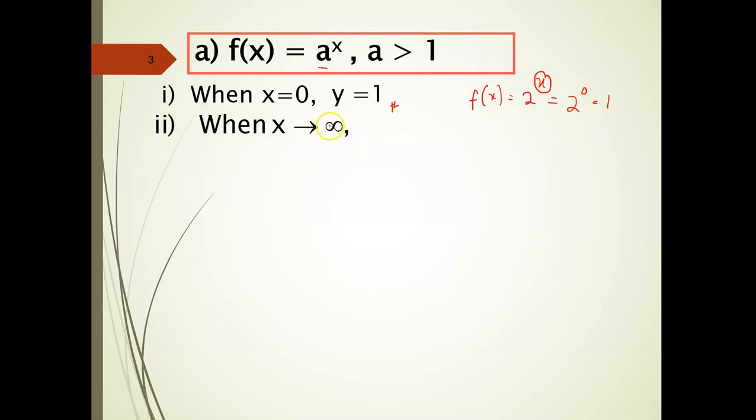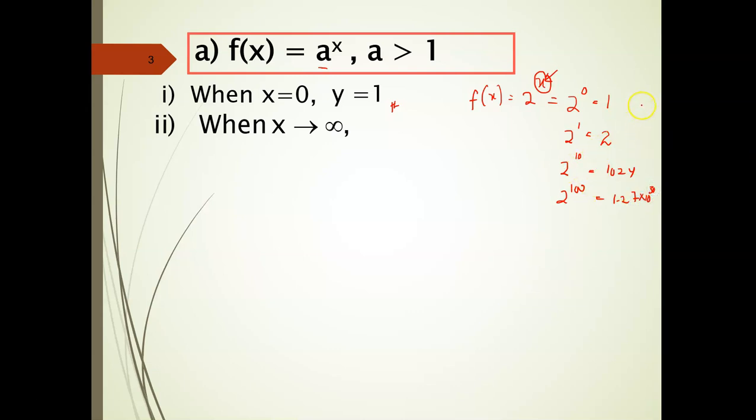When x is approaching infinity, meaning x is getting to a big number, let's say you substitute x equals 1, so 2 power 1 is 2. If x equals 10, 2 power 10, you take out the calculator and get 1024. 2 power 100, because x is approaching infinity, you get 1.27 multiplied by 10 power 30.